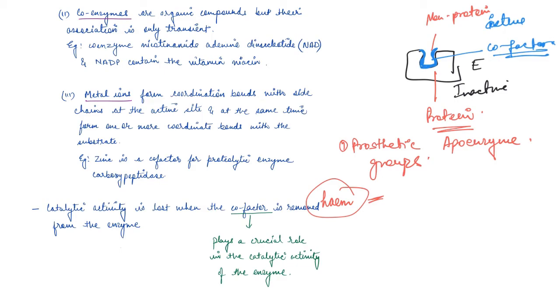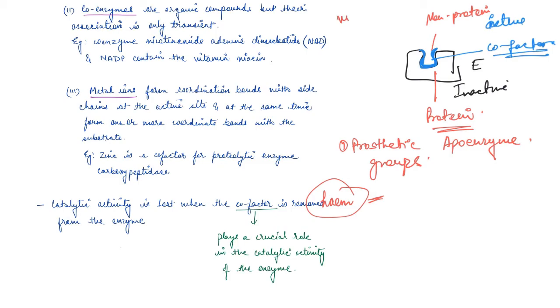Like you have coenzyme nicotinamide adenine dinucleotide, which is NAD or NADP, that contains the vitamin niacin. So essential chemical components of many coenzymes are vitamins, right? So their association with the apoenzyme is transient. It is not like prosthetic groups, right?